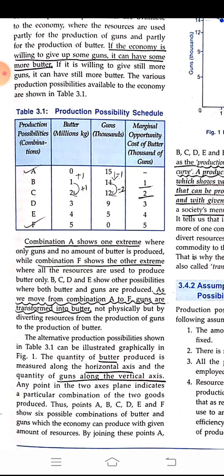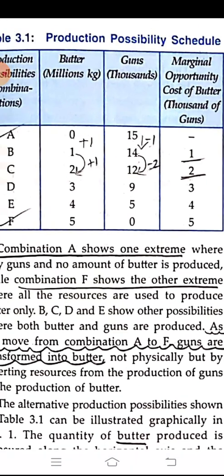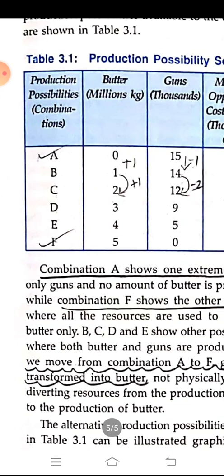You can see the combinations given right at the first column in the left. Above that is written production possibility combinations, right? So combination A, you can see that we are having butter and we are having guns. Okay, butter, guns. So combination A is 0 million kg of butter and 15,000 guns.